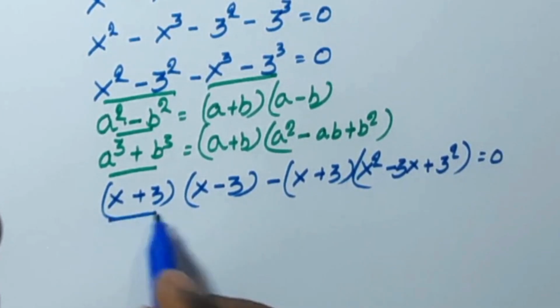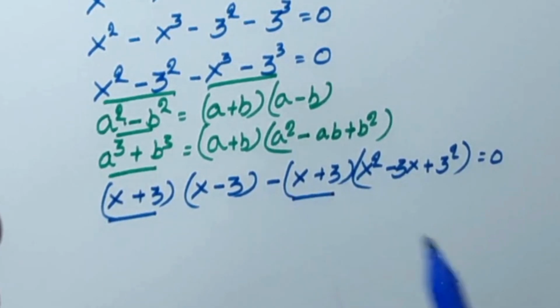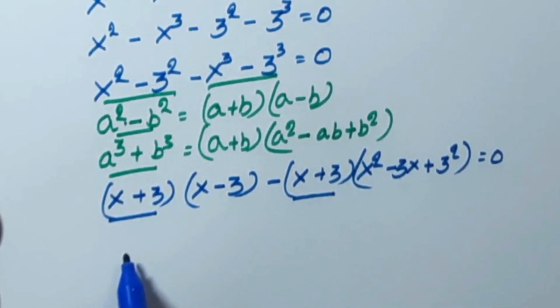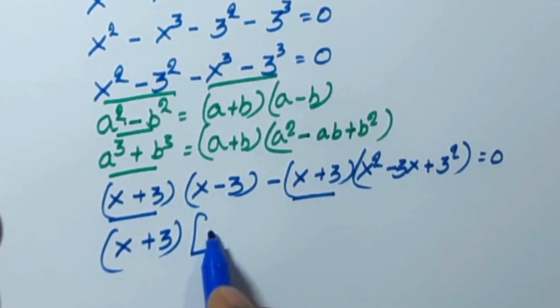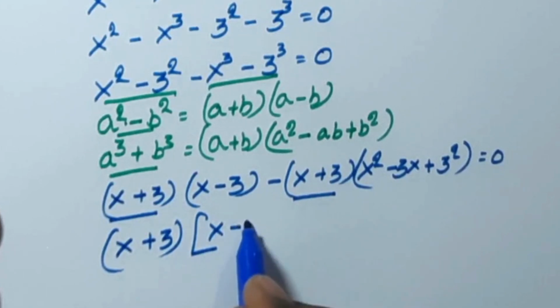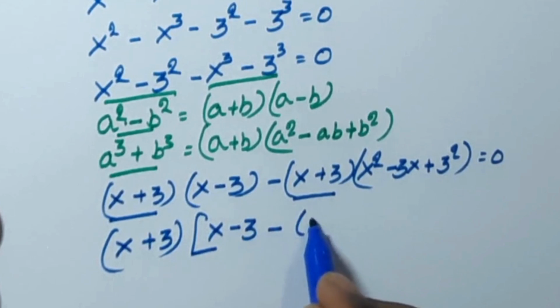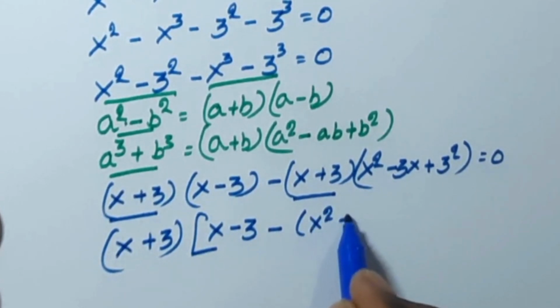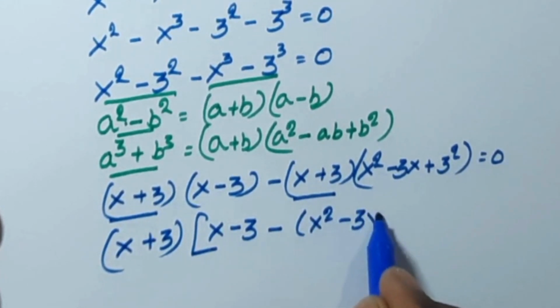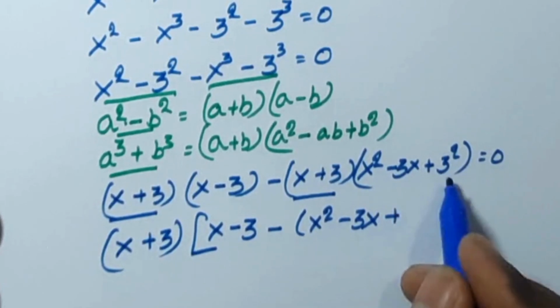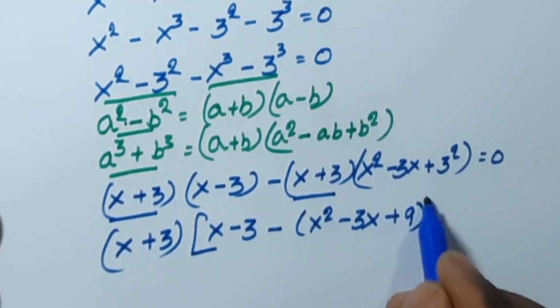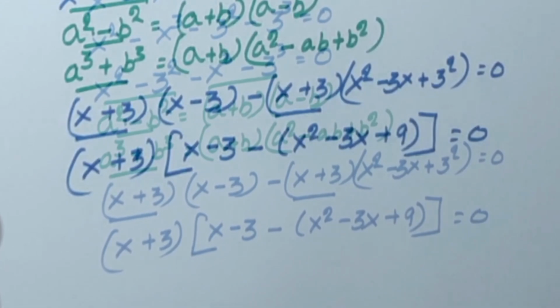Now we have x plus 3 here, x plus 3 here. We are going to take common out. x plus 3 open bracket x minus 3 minus x square minus 3x plus this is 9 equal to 0.